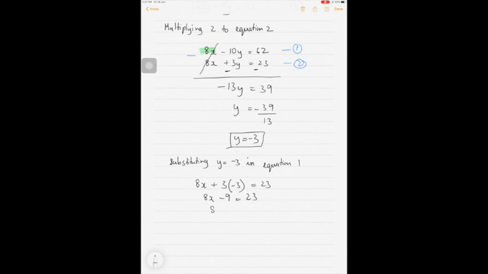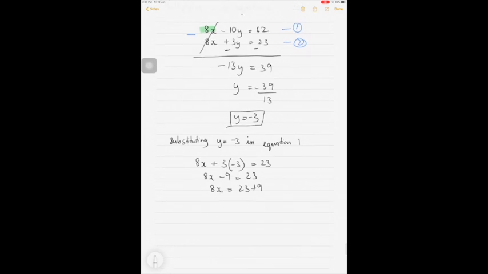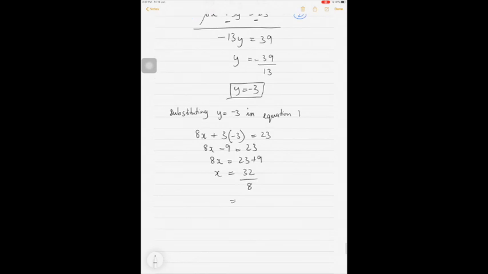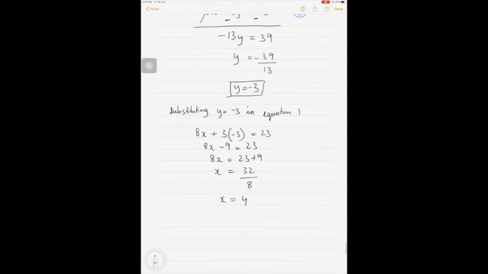So 8x minus 9 is equal to 23. 8x is equal to 23 plus 9. So 23 plus 9 is 32, correct? So x is equal to 32 upon 8. So x is equal to 4.